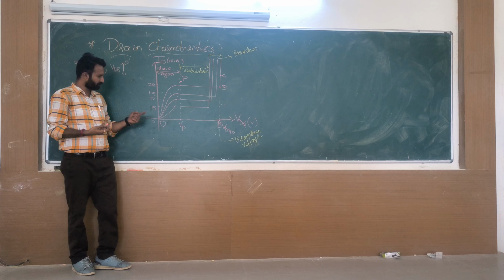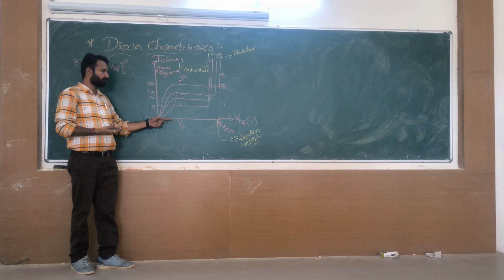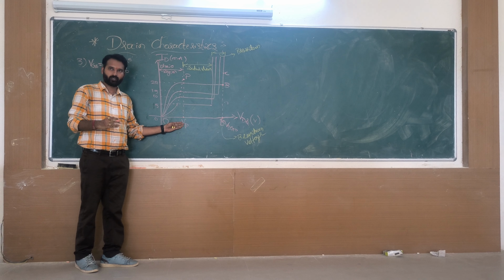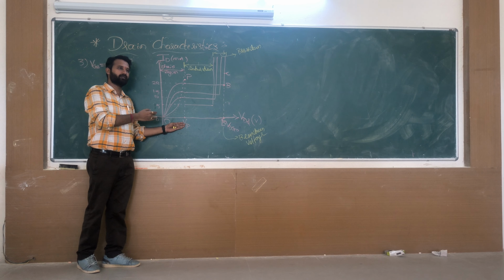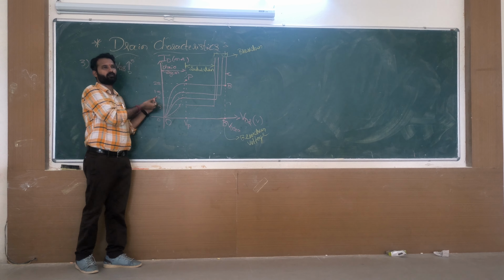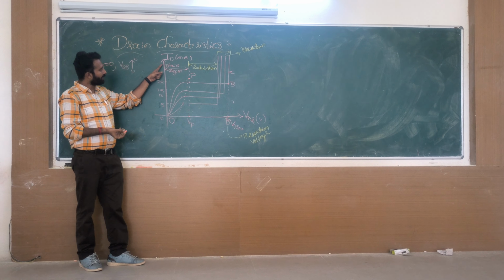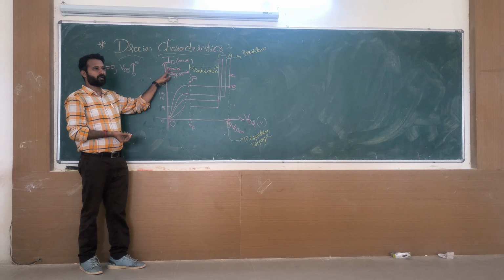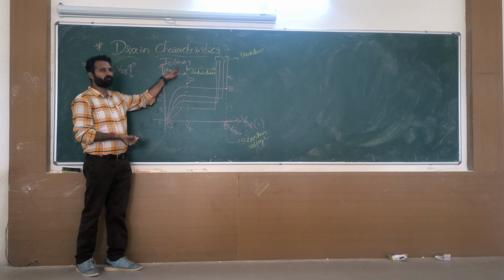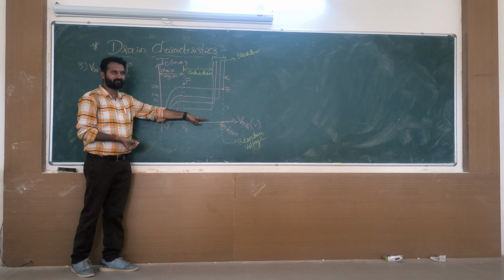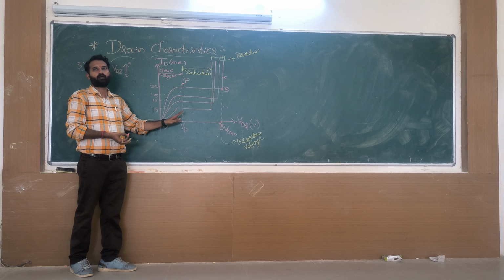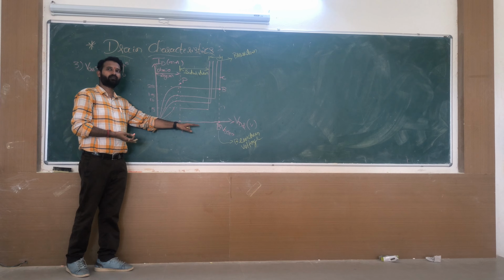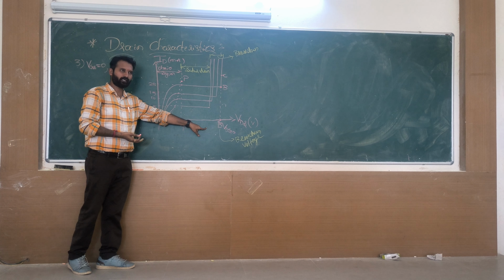I am increasing it from 0, 1, 2, 3, 4, 5, 6, 7, 8, or 0.1, 0.2, 0.3, in equal steps, and we note what happens to the output current, the drain current, which I am measuring in milliamperes. VDS is in volts, 1, 2, 3 up to 10 volts. Maybe hardly 5 volts, or the maximum is 10.